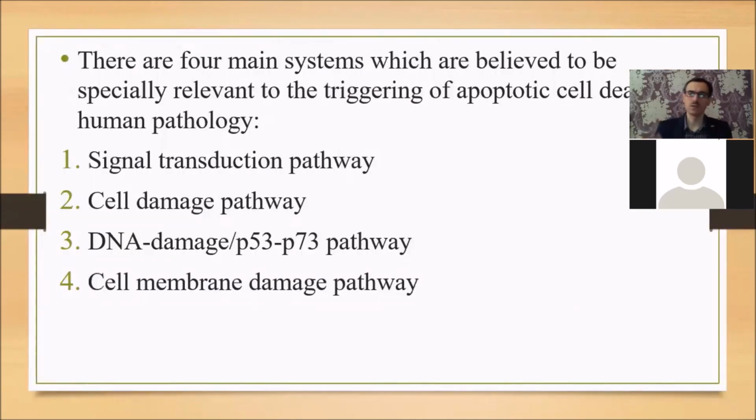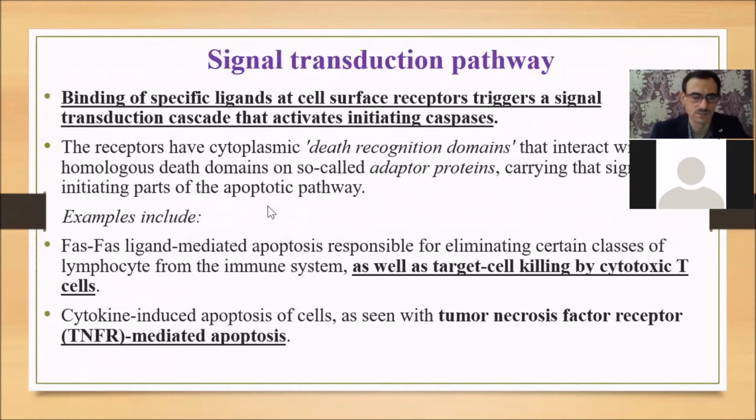We discussed the pathways of apoptosis. There are four major pathways of apoptosis: signal transduction, cell damage pathway, DNA damage, and cell membrane damage. I will not discuss the details of these mechanisms today.